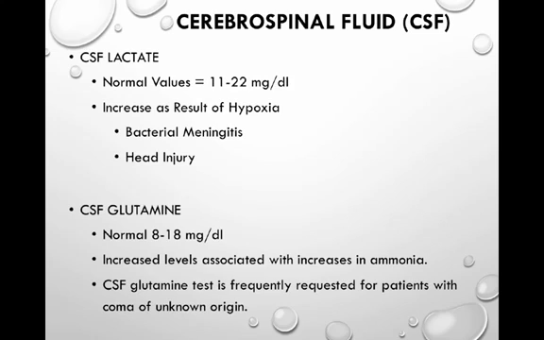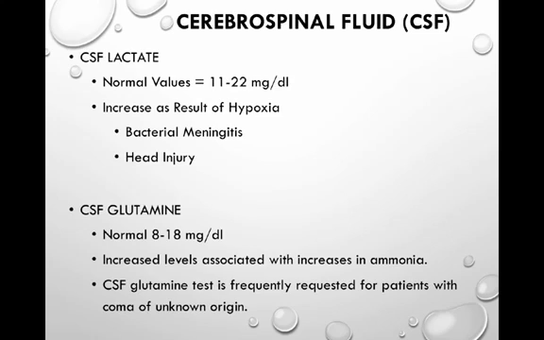Glutamine is produced from ammonia and alpha ketoglutarate by the brain cells. And this process removes ammonia, which is a toxic metabolic waste product, from the central nervous system. So as the concentration of ammonia in the CSF increases, the supply of alpha ketoglutarate becomes depleted.